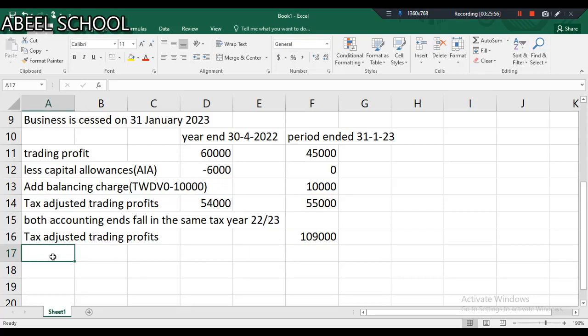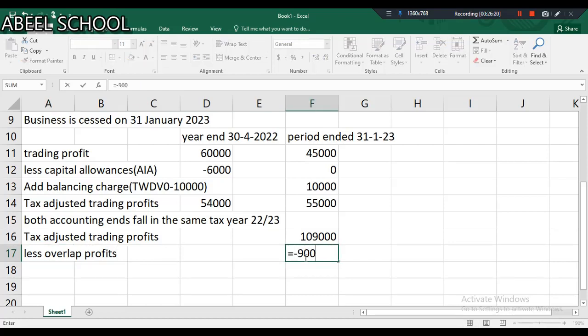And let me deduct overlapping profit. In the question, dear student, 9,000 is given.